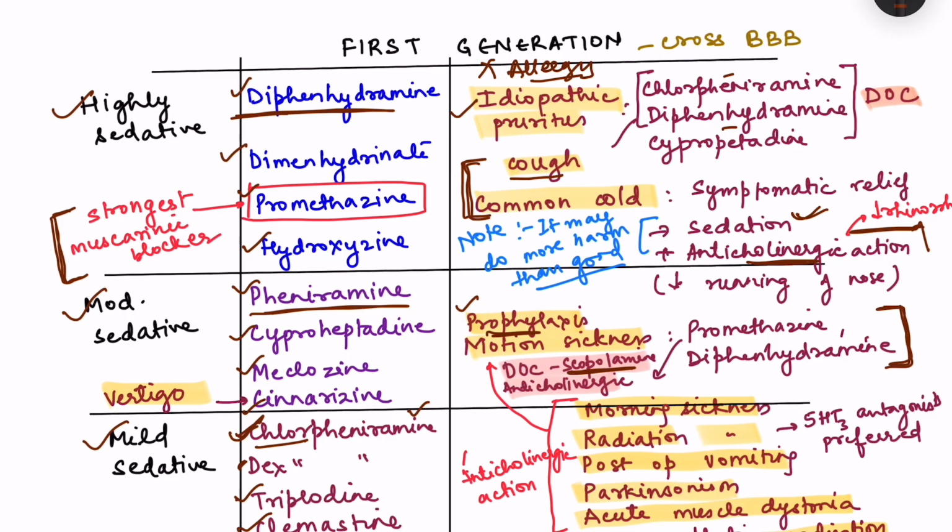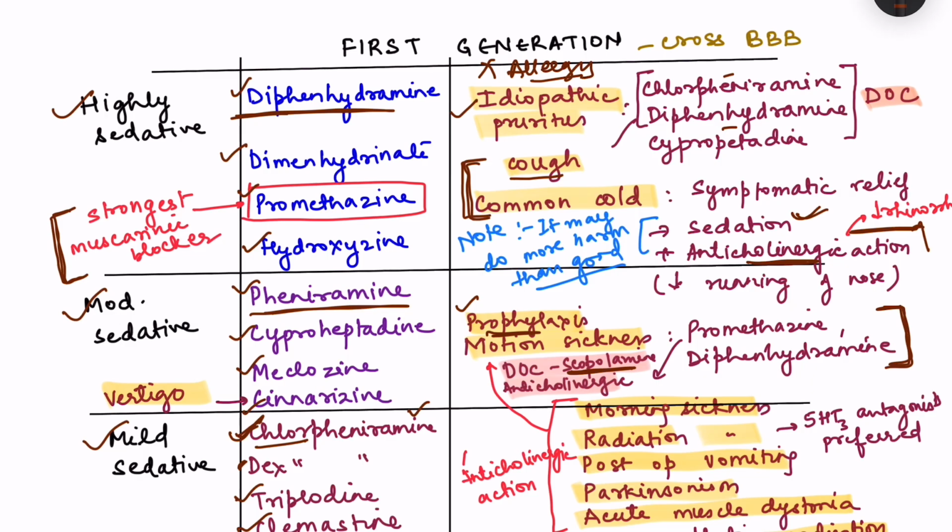When the journey has zigzag movement, acceleration, deceleration, then people feel sick. They may feel nauseated, with vomiting. So prophylaxis means that the drug has to be taken 1 hour before the journey to prevent motion sickness, and the drugs are promethazine and diphenhydramine.